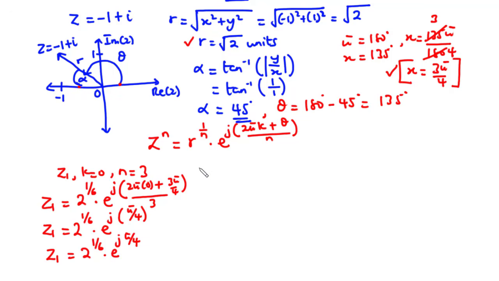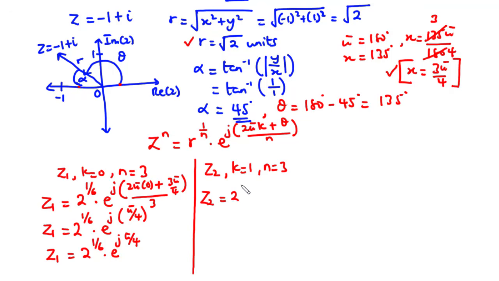Now let's solve for z2. So for z2, k is equal to 1, n still remains 3. Don't forget that we've already catered for the square root of 2 exponent 1 over 3. Therefore, we are still going to maintain 2 exponent 1 over 6.